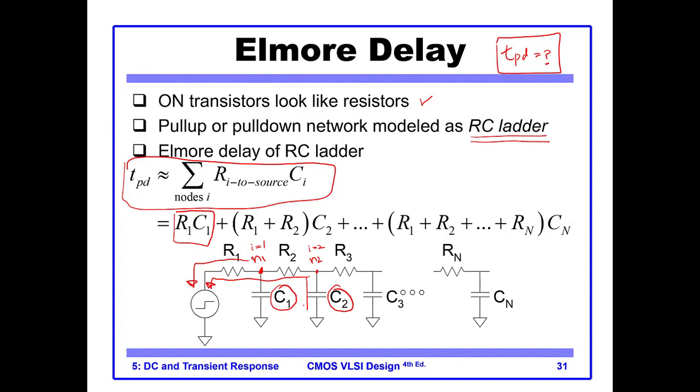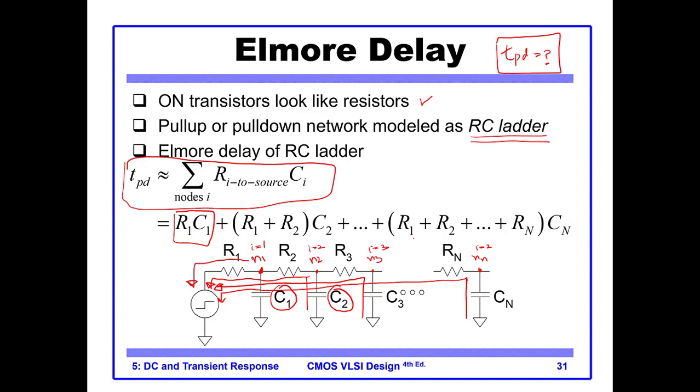Okay, so we go like this. Then I come to node 3 where i is 3. Again the capacitance is C3 and the resistance is R1 plus R2 plus R3. And if I talk about node N, then i is equal to N and I multiply Cn into all the resistances until the source, so R1 plus R2 up until Rn, times Cn.